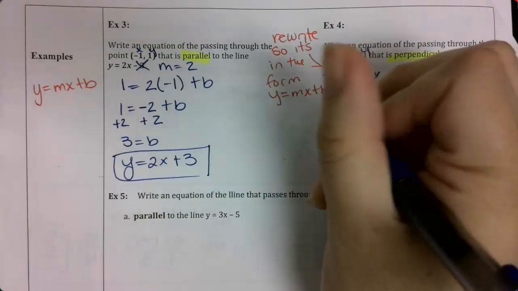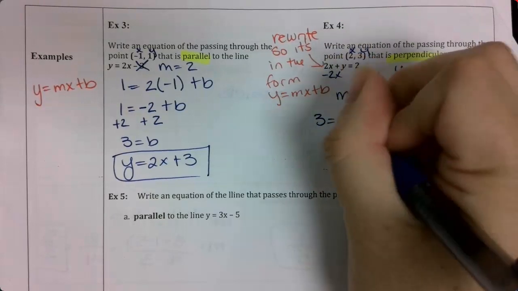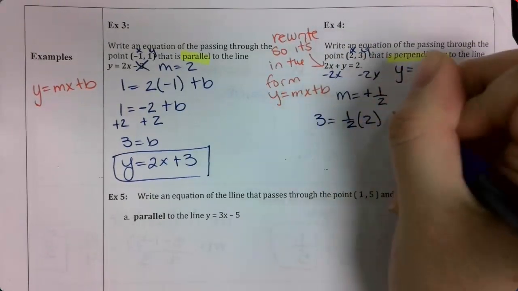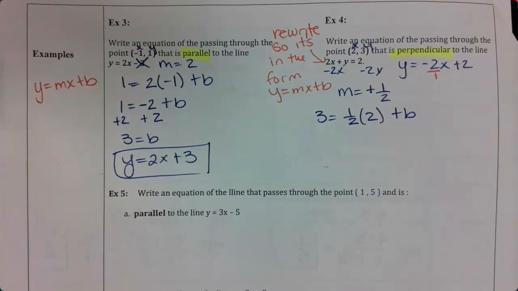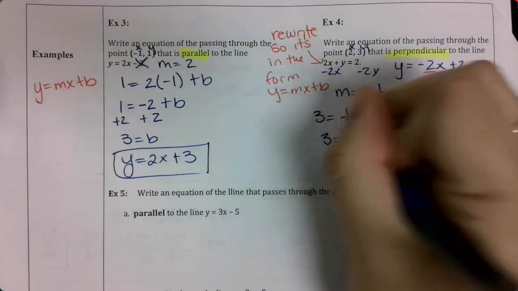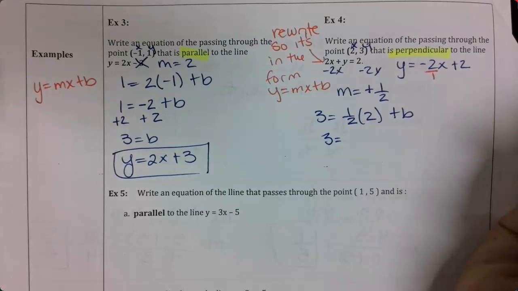And then I want to plug in, so I'm going to have 3 equals 1/2 times 2 plus b. Well, it's 1/2 times 2, which is 1.